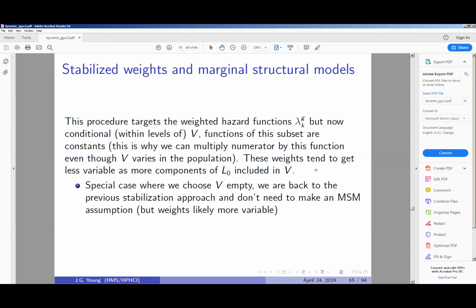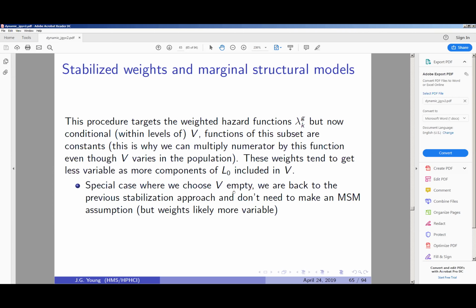And these weights tend to get less variable, as I said, as you include more components of L0 in V, but again, this is at the expense of a stronger marginal structural model, because you have to condition on the whole V and specify correctly this hazard conditional on the whole V. So a special case is where we choose V to be empty.